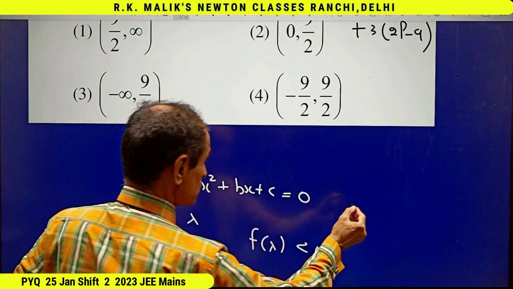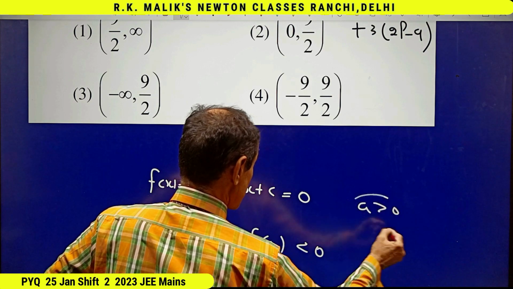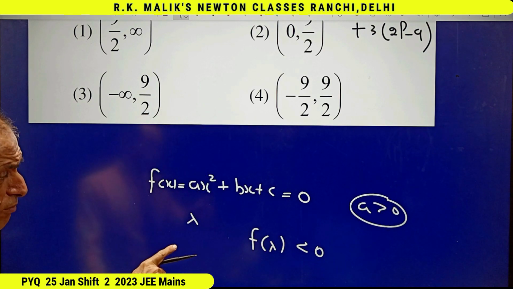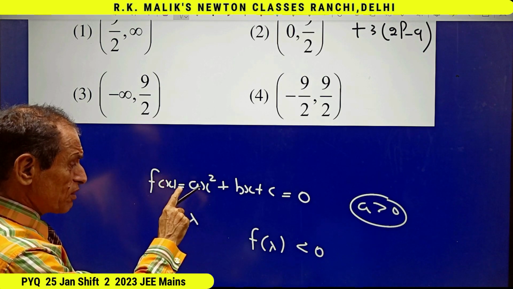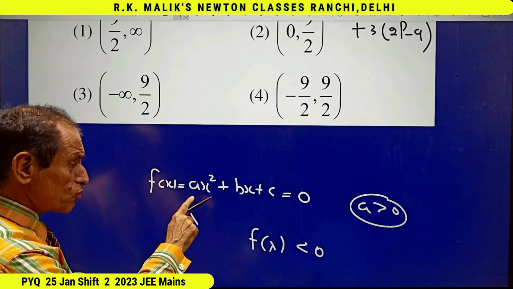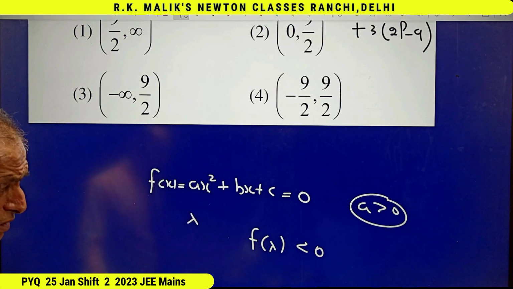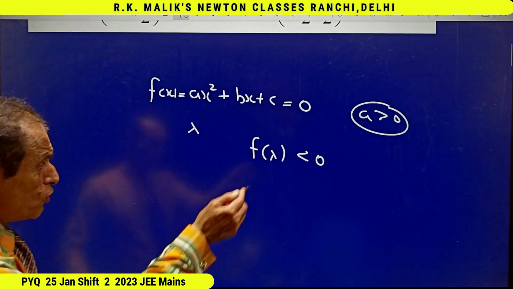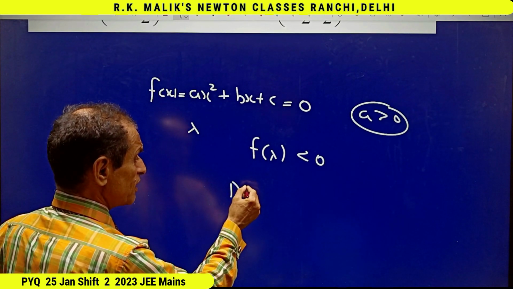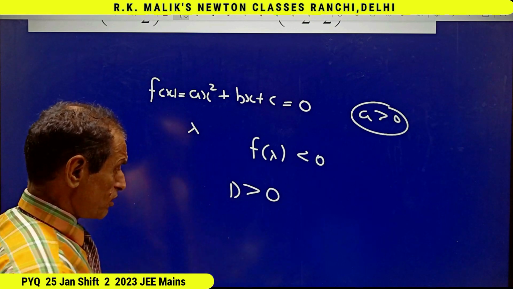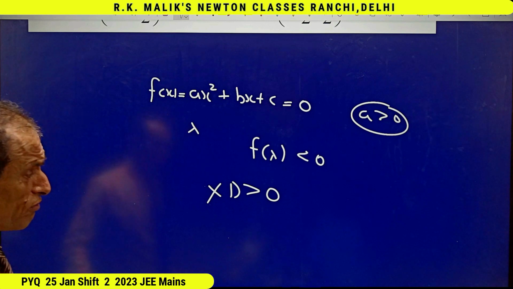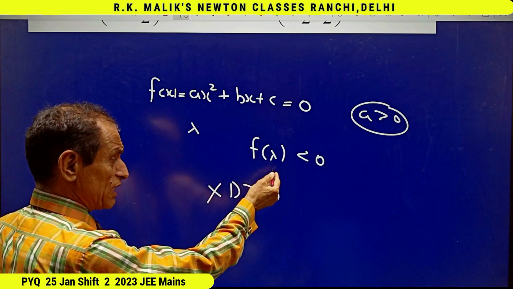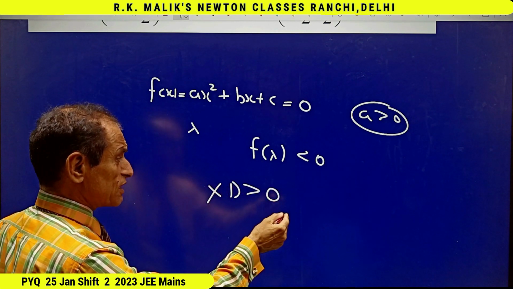In this case, I have supposed that a is positive. If f(lambda) is less than 0, then out of two roots of this equation, one root will be less than lambda, the other root will be greater than lambda. This is the condition. But many students will say, not only this condition, D greater than 0 is also required. But I will say D greater than 0 is not required. Once this is satisfied, this is automatically satisfied.